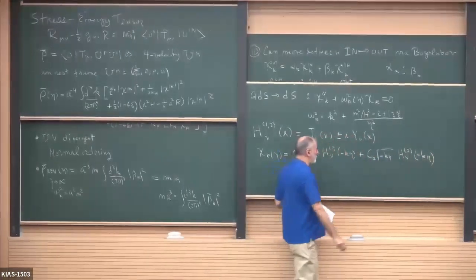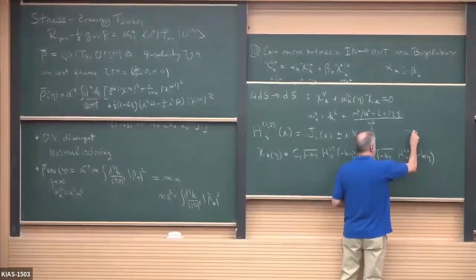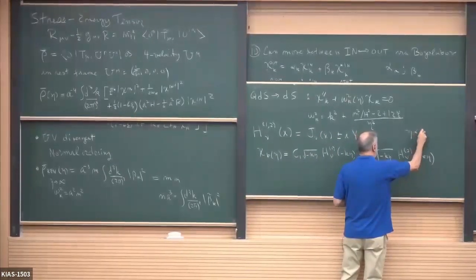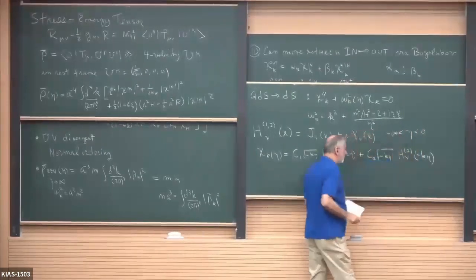Remember, in de Sitter space, eta is negative.